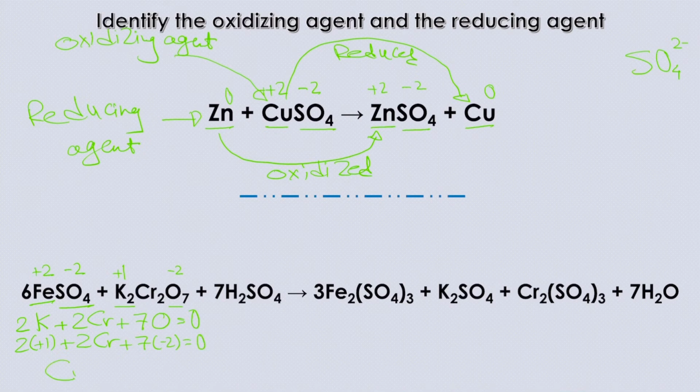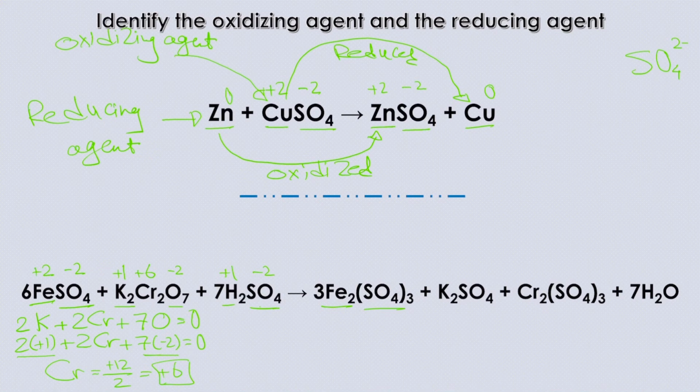So Cr is equal to -14 plus 2, so -12. Go to the other side, it will be +12 all over 2. So it will be +6. Here we have SO4, -2, and hydrogen is +1.